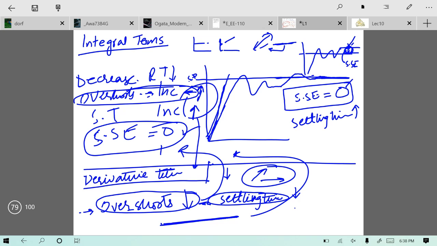If you only want to reduce the overshoots and settling time, and you are not interested in steady state error, then you can use derivative control alone. But if you want overshoots and settling time improved and steady state error equal to zero, you have to use the derivative controller in combination with the integral controller.